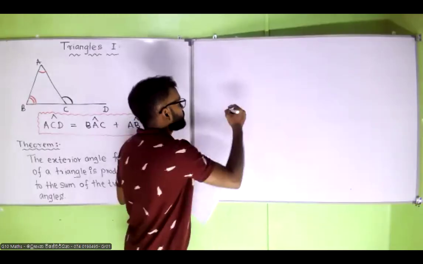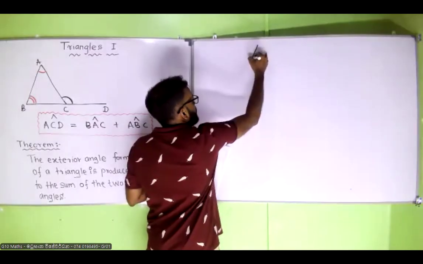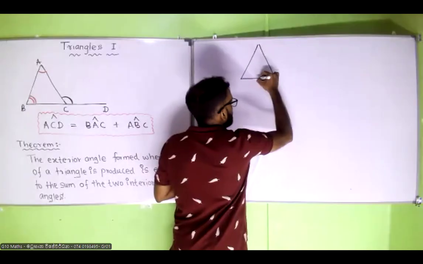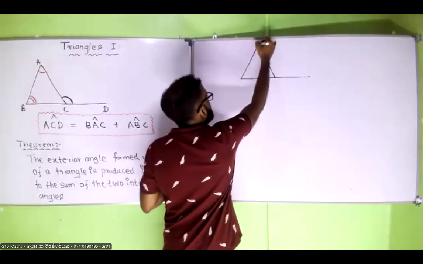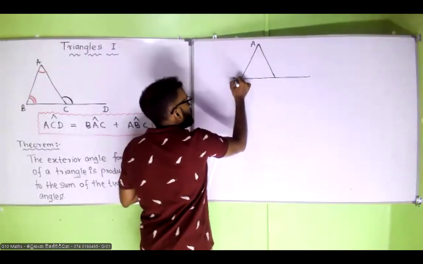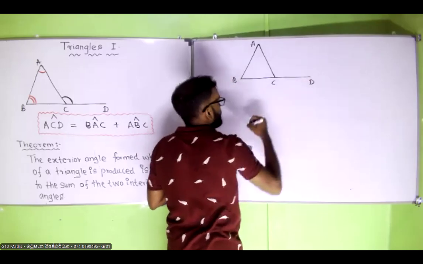If you want, you can draw it with me. This is my point A, this is my point B, this is my point C, and this is my point D.